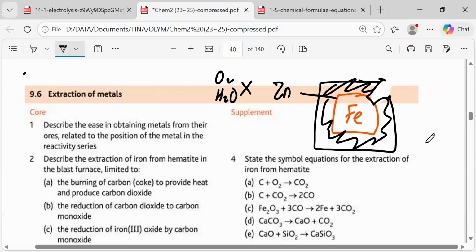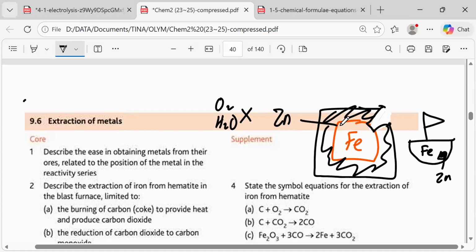Or I have a ship in the water that is made from iron, and here I put a piece of zinc. Same concept. Now, who is more reactive, zinc or iron?